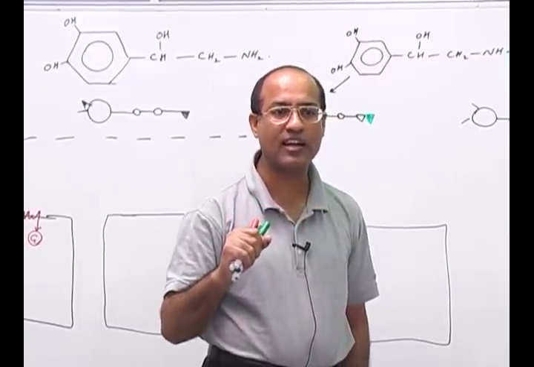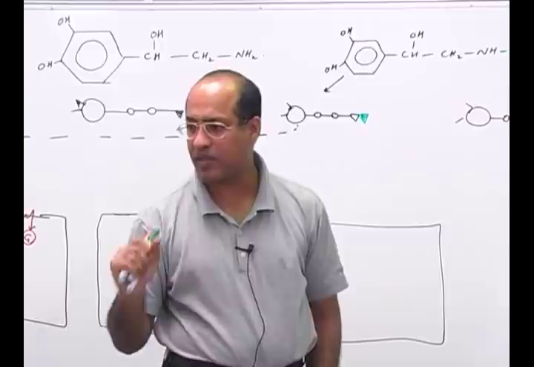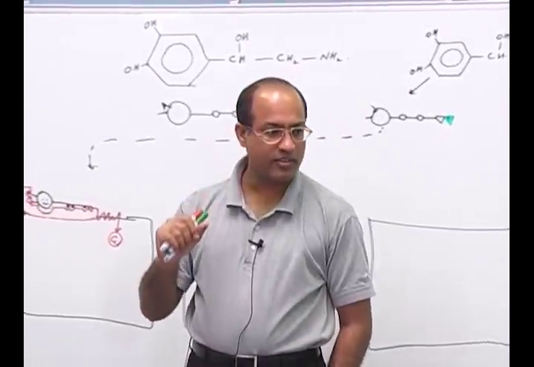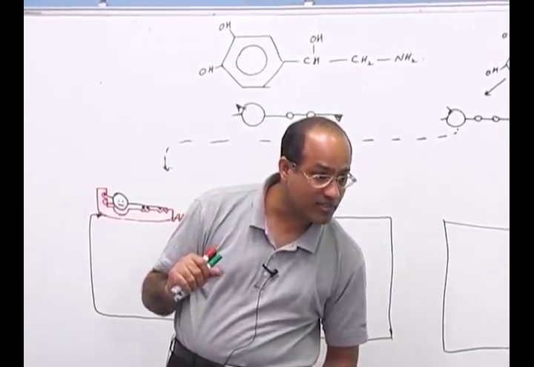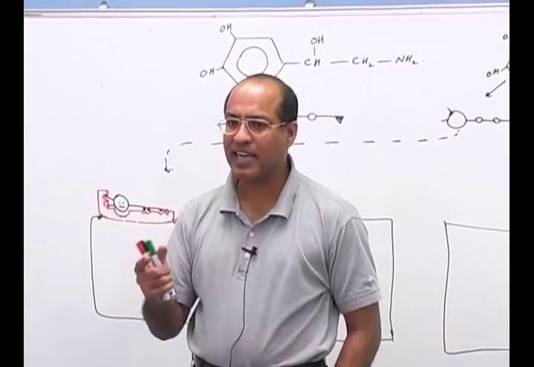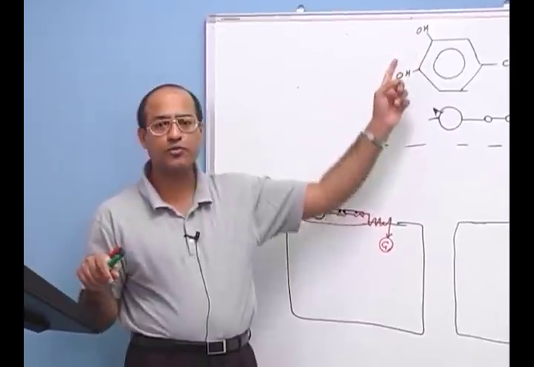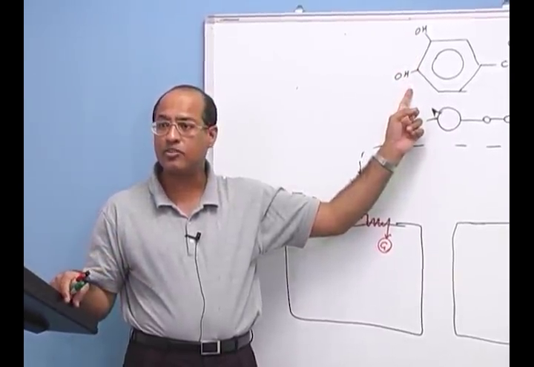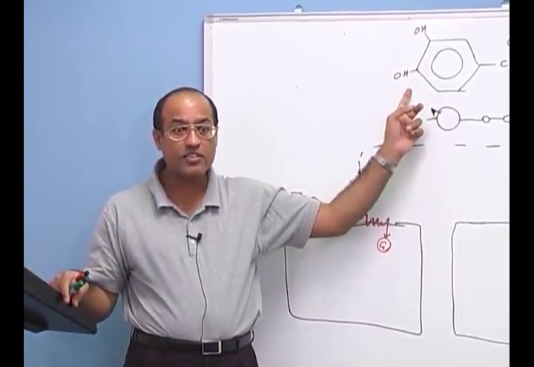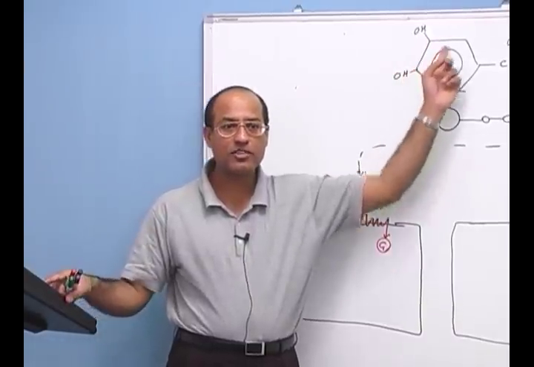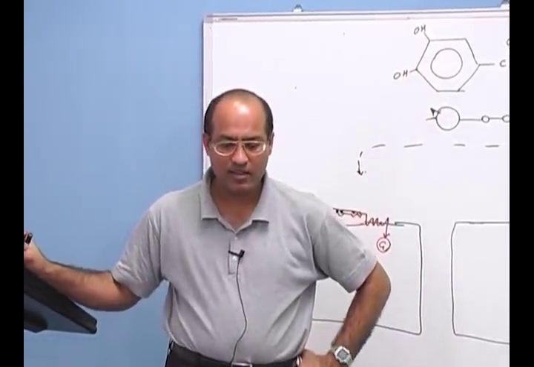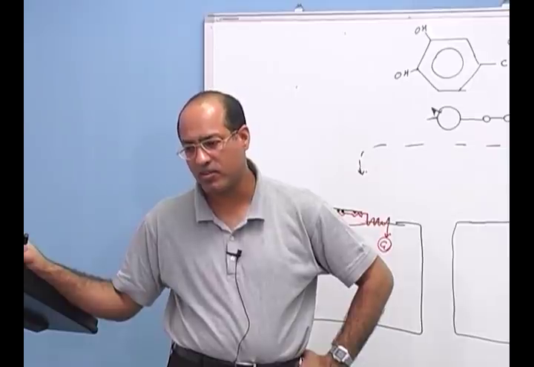The second group of drugs does not directly stimulate the receptors, so these are called indirect sympathomimetic drugs. We can put the statement like this, listen carefully: any sympathomimetic drug which has 3 and 4 hydroxylation will be a direct sympathomimetic drug, and any sympathomimetic drug which does not have 3-4 hydroxylation will be an indirectly acting sympathomimetic drug.